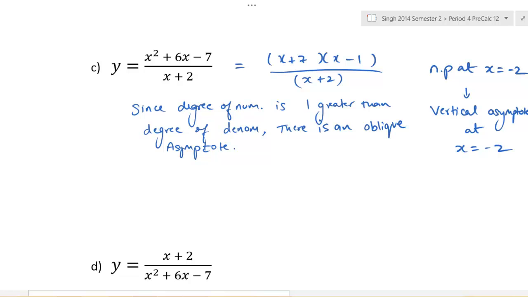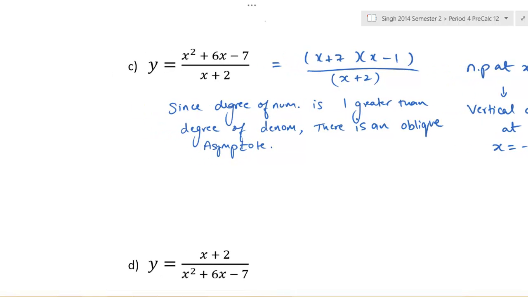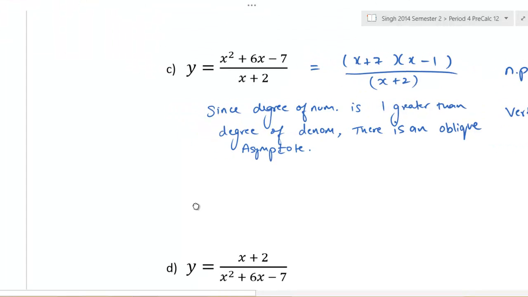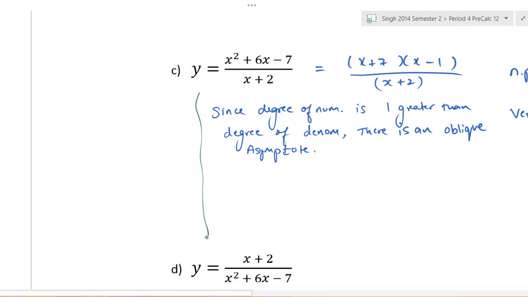Okay, now the fun part about identifying the oblique asymptote. How do we identify the oblique asymptote? Well, to identify the oblique asymptote, we have to divide the two expressions. So on the side here, I'm going to do that. The work for oblique asymptote.